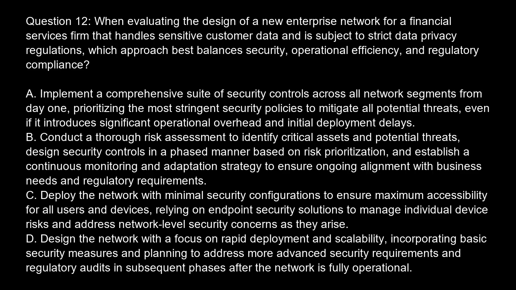Option C. Deploy the network with minimal security configurations to ensure maximum accessibility for all users and devices, relying on endpoint security solutions to manage individual device risks and address network-level security concerns as they arise. Option D. Design the network with a focus on rapid deployment and scalability, incorporating basic security measures and planning to address more advanced security requirements and regulatory audits in subsequent phases after the network is fully operational.